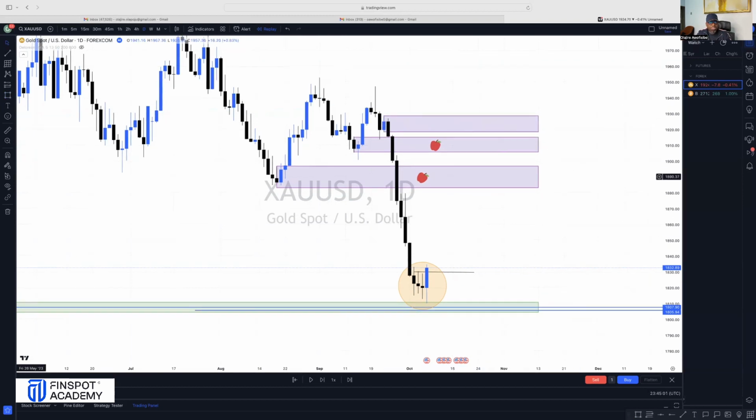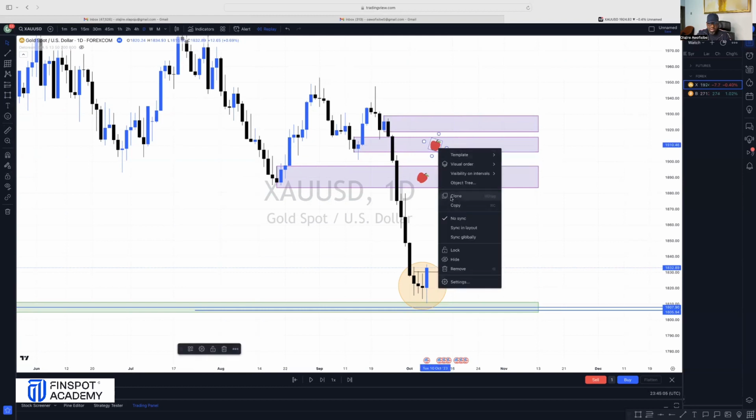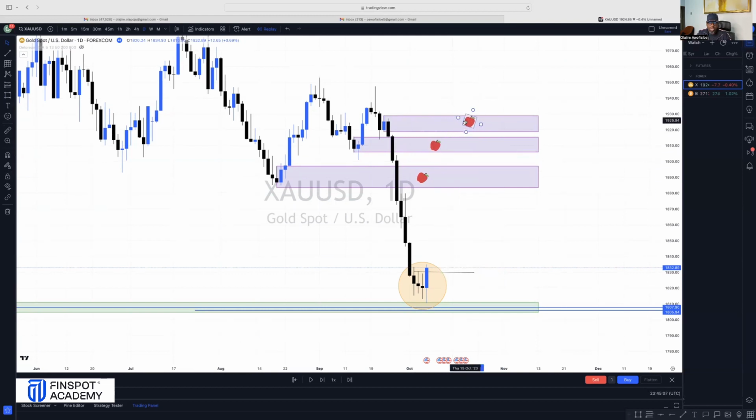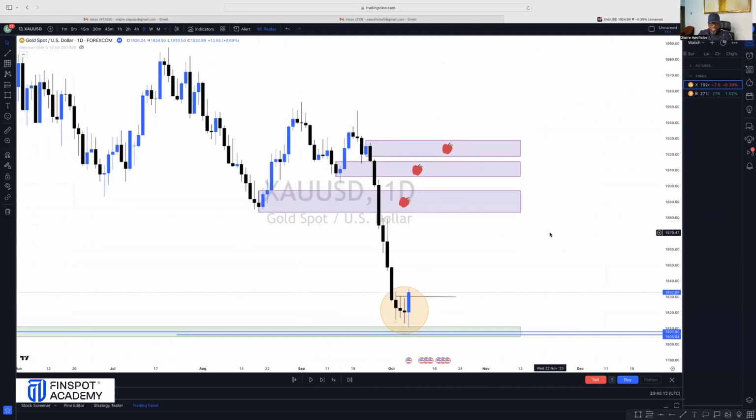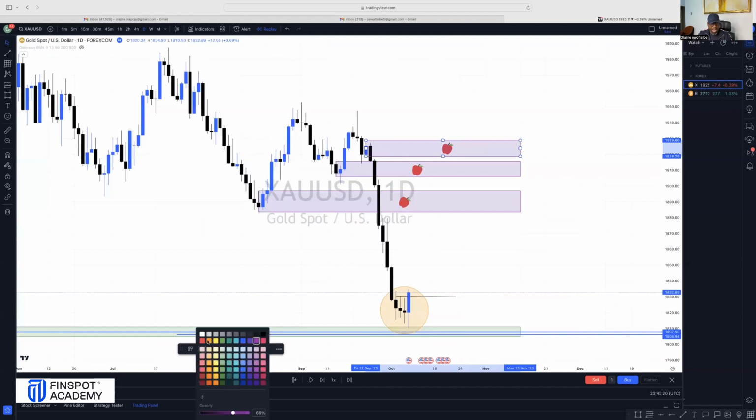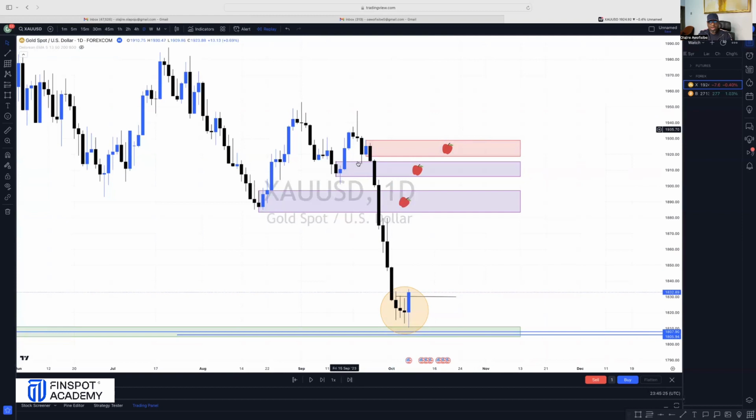Now, I'm much more interested in price getting to this point, right? And I said last week, remember, that I'm going to be holding my trade until I see what happens here. So I actually held my trade to that point. I'm going to be denoting this area with a red color just to show what I'm referring to.